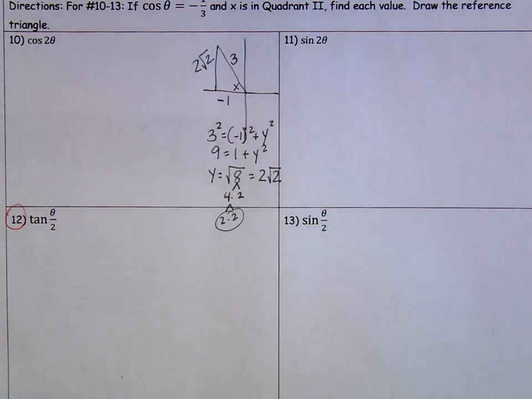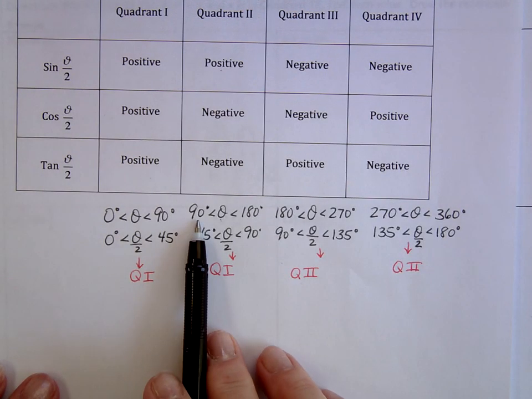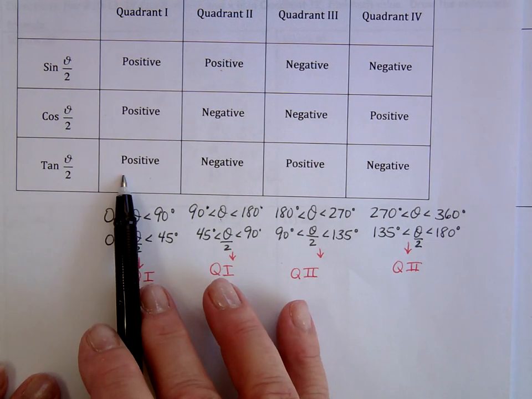Now, if that's the case, now I need to put it together with my tangent half-angle formula. All right, let's figure out the quadrant, because remember it's going to be plus or minus a square root. And if I think about what quadrant I'm in, I have again a quadrant 2 situation. Quadrant 2 is between 90 and 180. When I half it, I'm back to quadrant 1. Tangent in quadrant 1 is positive.